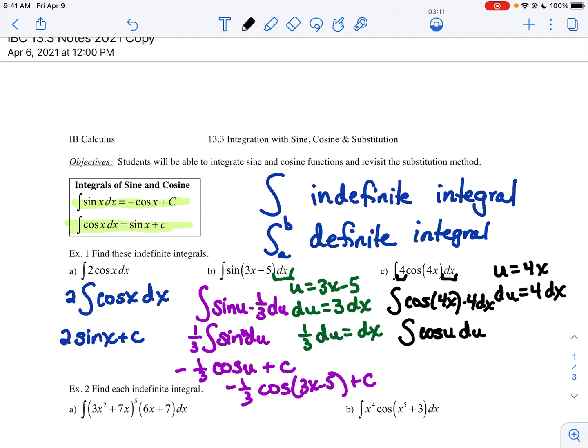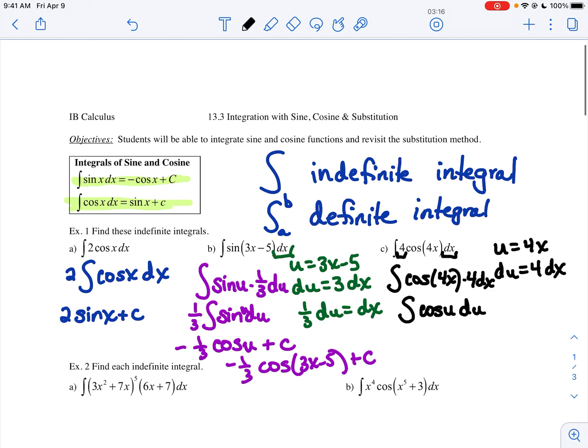So you do need to check. We had this happen to us when we did integrals before. All right, so what is the integral of cosine u? Well, it's sine. So this is the sine of u plus c, and u is 4x.